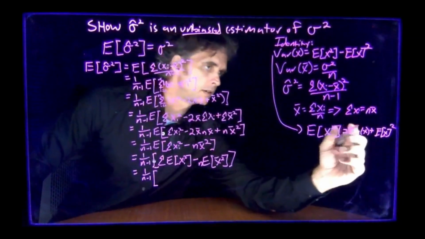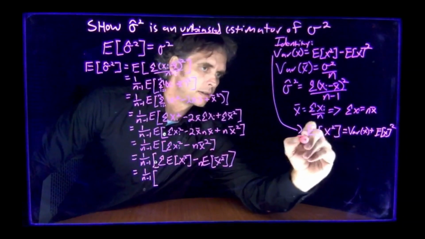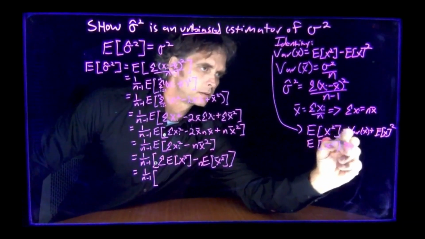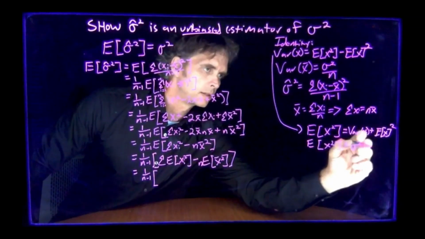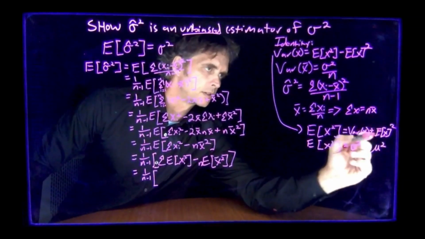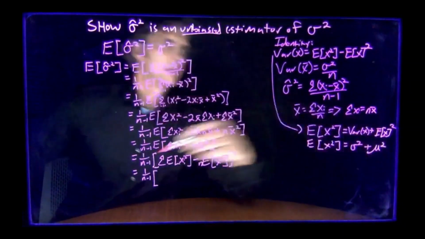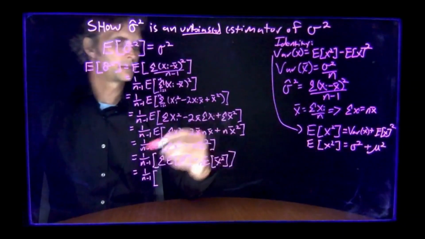And so what I'll do here is we'll call this the expected value of x squared equals sigma squared plus mu squared. Because the expected value of x is mu, so that's mu squared. The variance of x is defined to be sigma squared, and so we've got that.